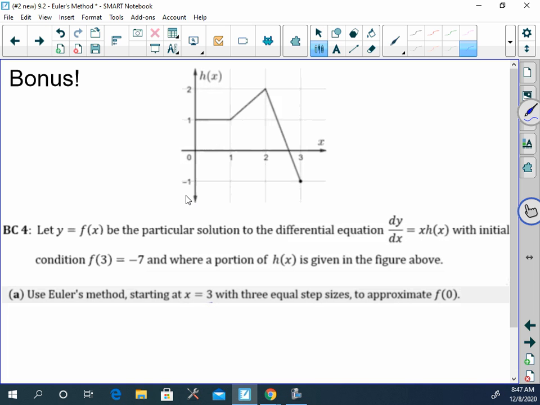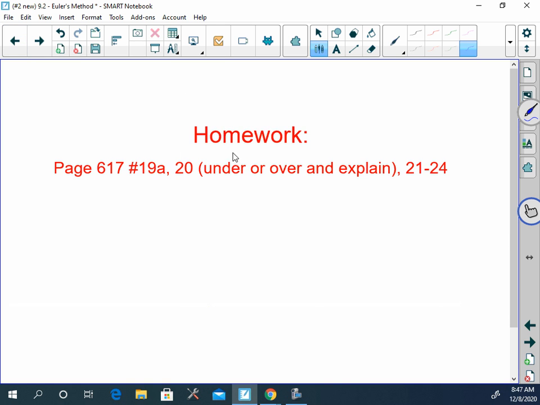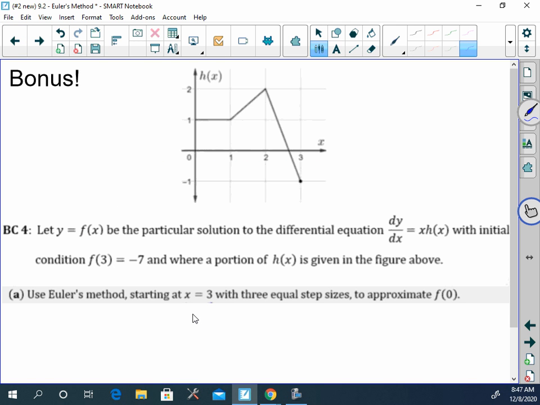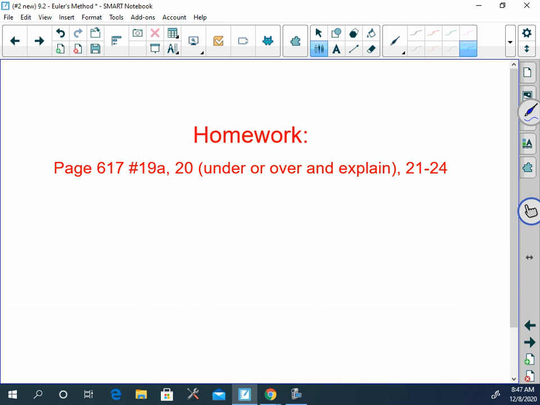We'll check the answer tomorrow, I suppose. We have class tomorrow? No, we don't have class tomorrow. What am I thinking? We have class on Friday. So we'll check this answer on Friday also. Just consider it like part of your homework. But these are a little bit easier problems. This one's a little bit harder, okay? So I want you to try the homework stuff from the book first, okay?